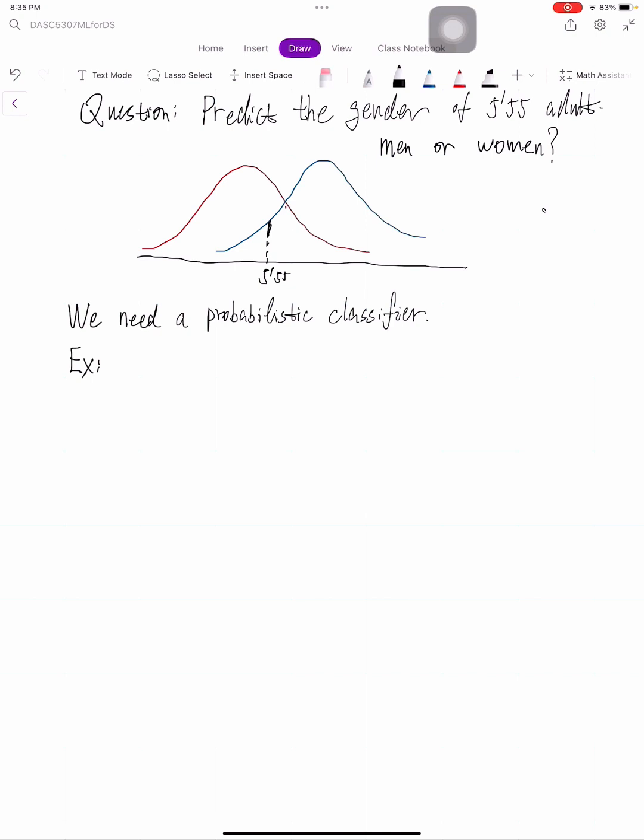So next I will show you another motivating example. Why do we need a probabilistic classifier? Suppose in the hospital, the doctor wants to predict if a patient has cancer or not. Based on this doctor's past experiences, on all the patients he has seen before, there is some data.